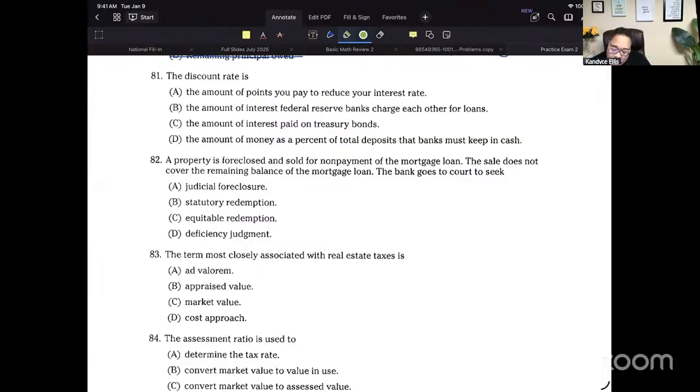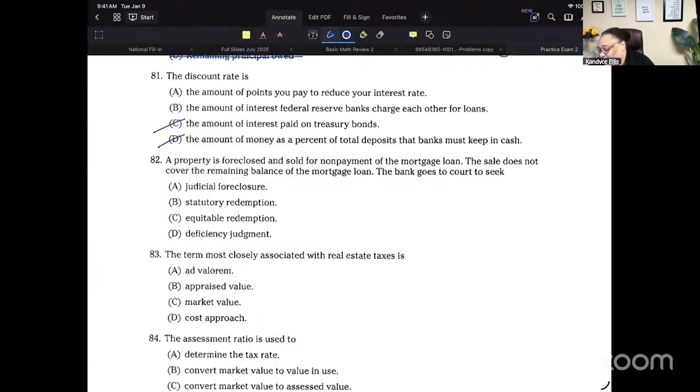Is it C, the amount of interest paid on Treasury bonds? Or is it D, the amount of money as a percent of total deposits that the banks must keep in cash?